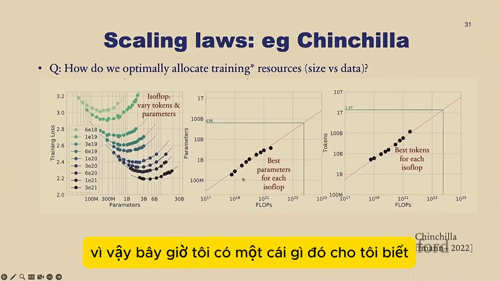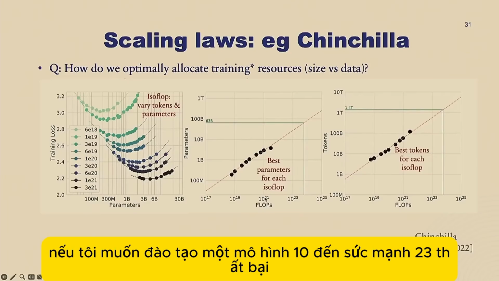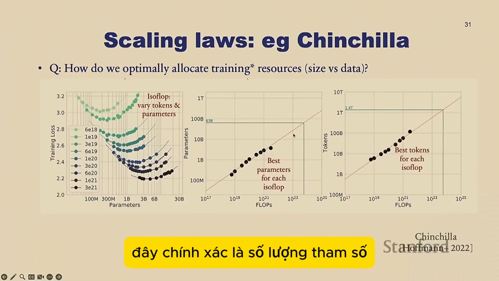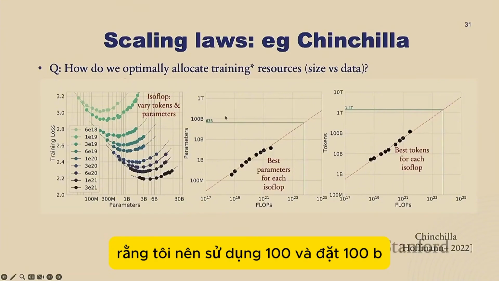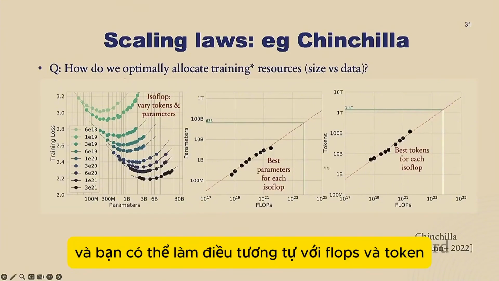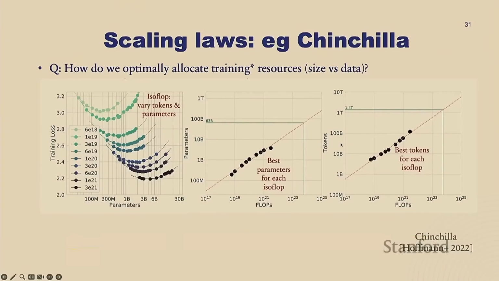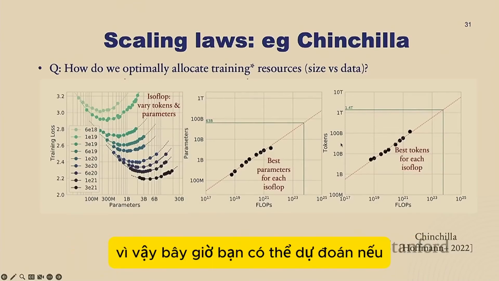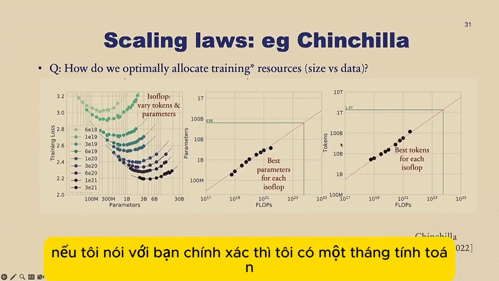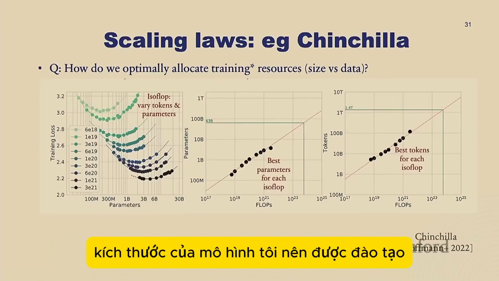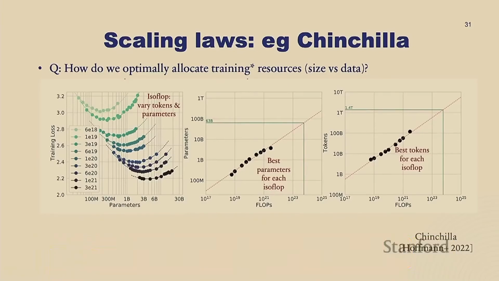So now I have something which tells me that if I want to train a model with 10 to the power 23 flops, here's exactly the number of parameters I should be using: 100B. And you can do the same thing with flops and tokens. So now you can predict, if I tell you I have 1 month of compute, what size of model should I be training? Fit your scaling law, and it tells you.